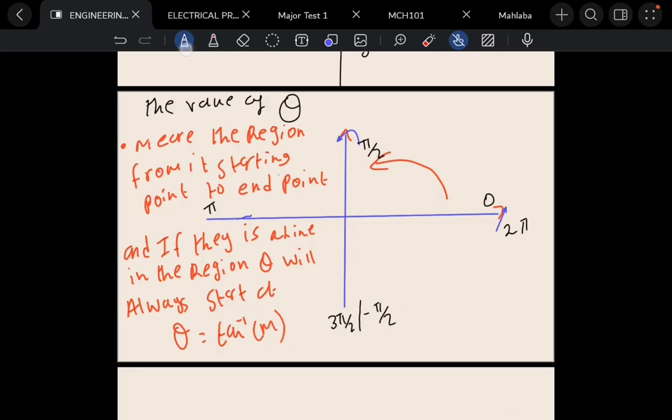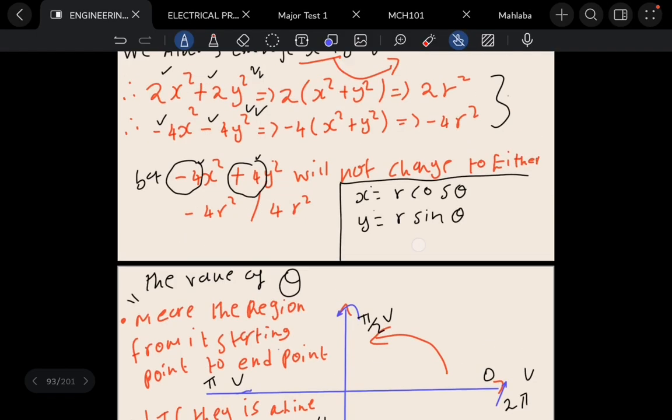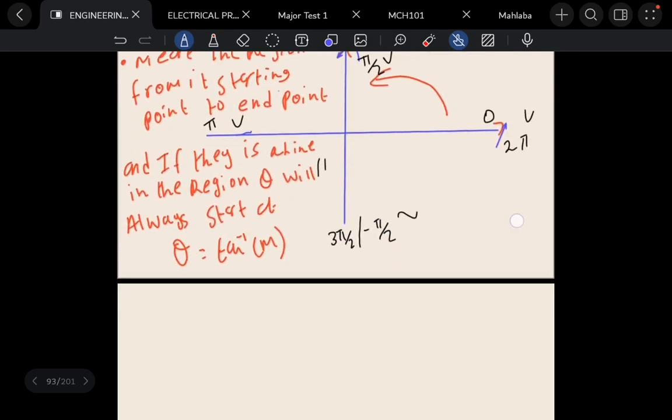We will talk about this. But now you know that theta goes from 0, pi over 2, pi, 3 pi over 2, to negative pi over 2. You always move in that order.